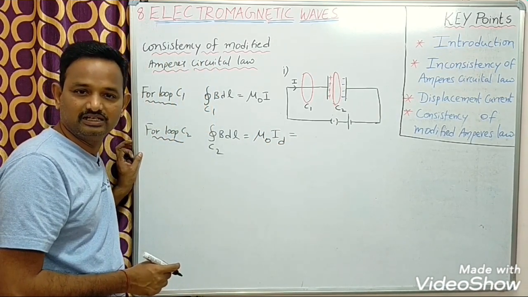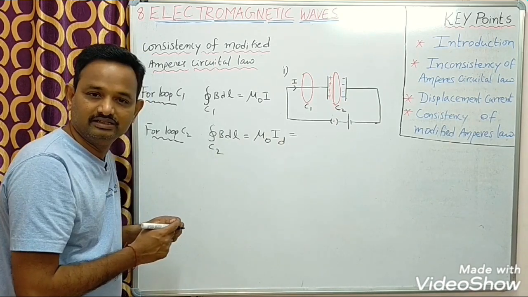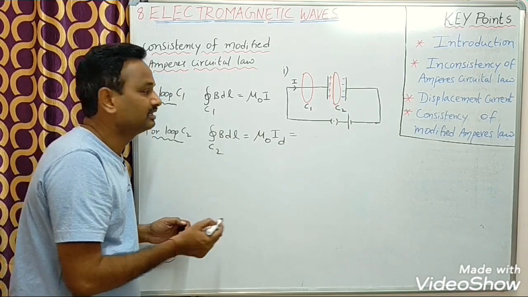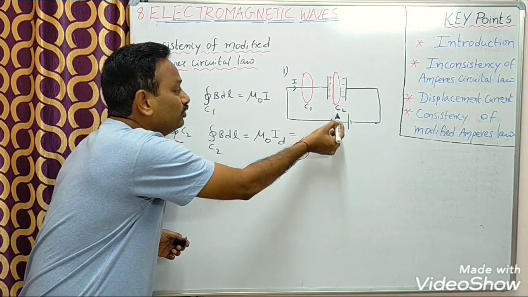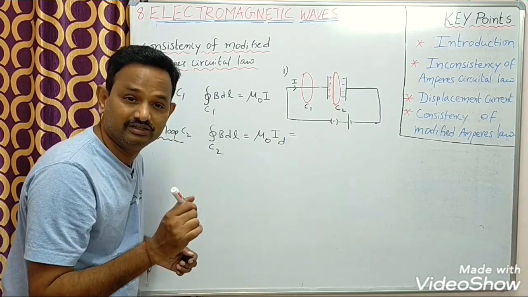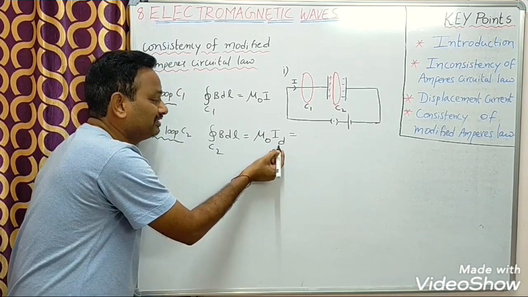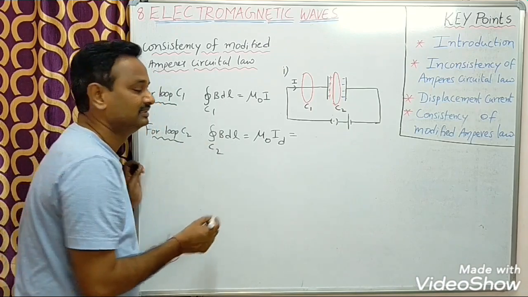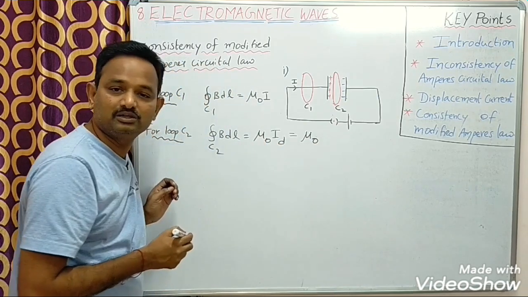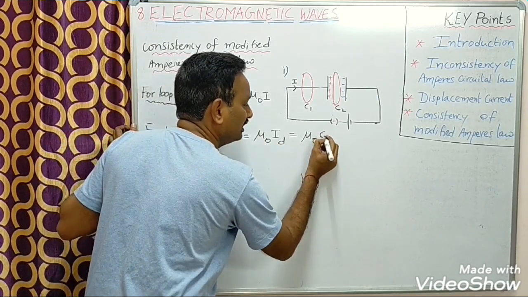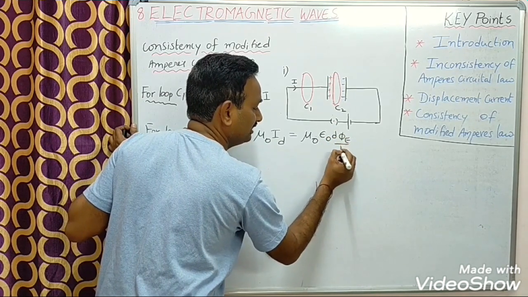See, we already discussed this. Here displacement current comes into play between the plates of the capacitor in loop C2 when there is a change in electric flux with time. So I replaced displacement current here, that is equal to mu naught times epsilon naught d phi E by dt.